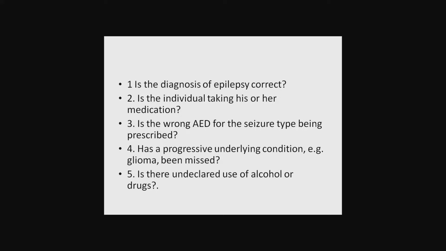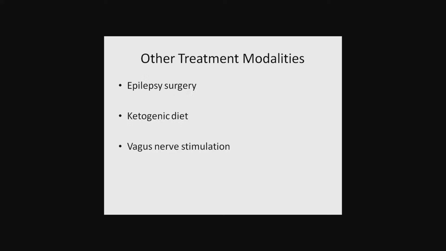So go back: whether your diagnosis is correct, whether the patient is taking medication or not, whether you are giving appropriate medication, and whether there is an underlying progressive condition in the brain.